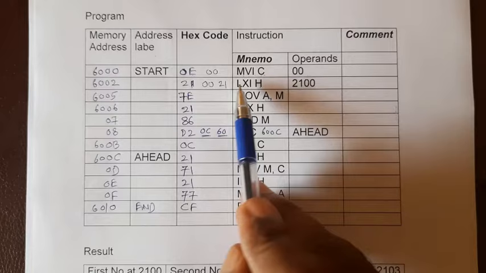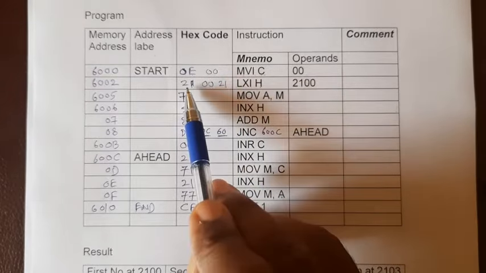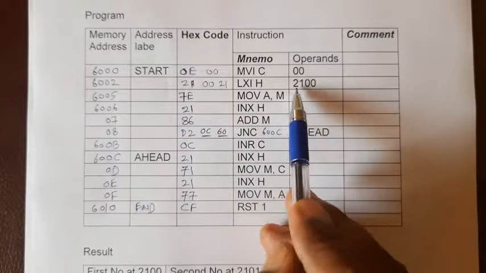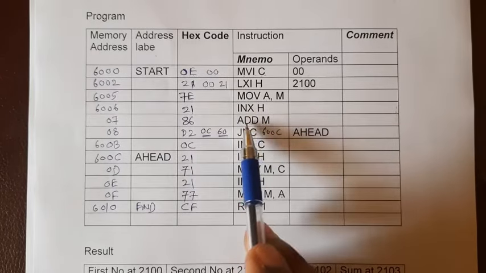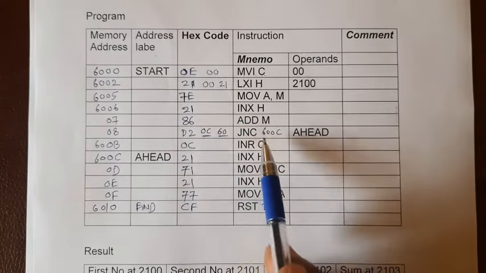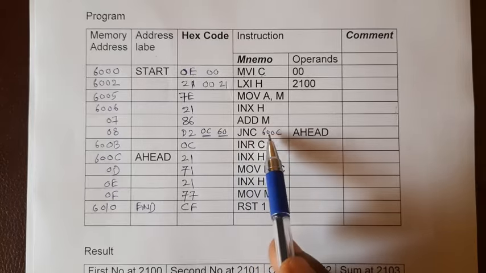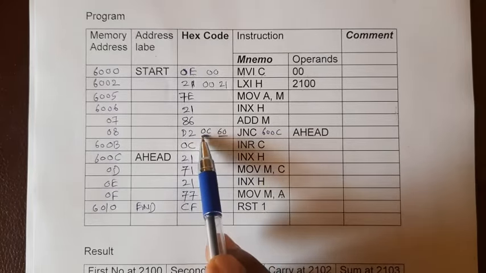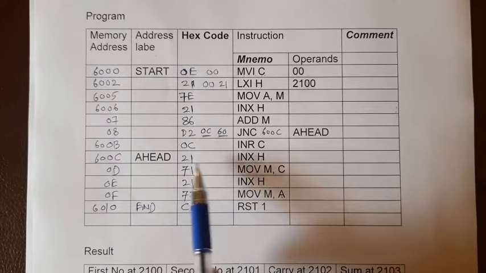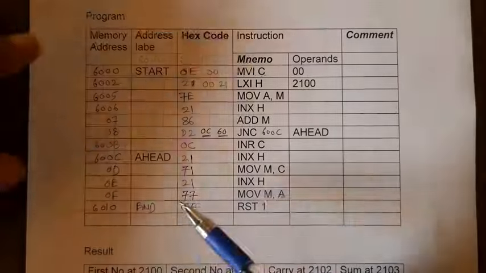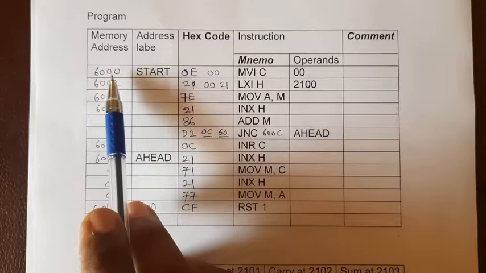Now I will check. This is the code: MVI C 0E00, 210021 for LXI H. Then move M to A 7E, INX H 21, ADD M 86. Jump on no carry 600C, D2 0C60. Then 0C increment C, INX H 21. Okay, fine. I will check again whether the addresses are proper.